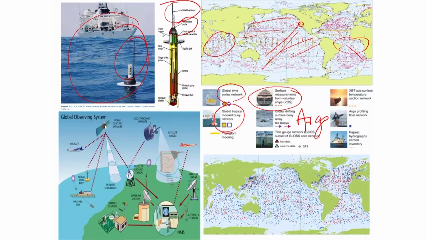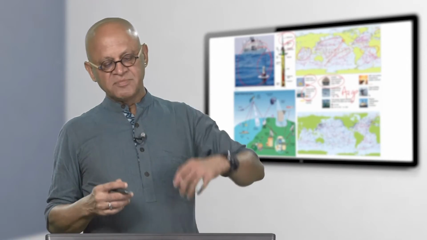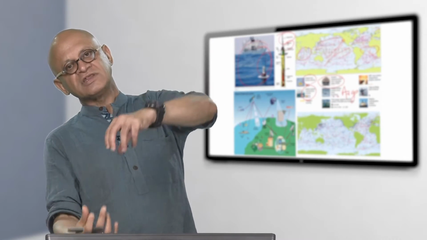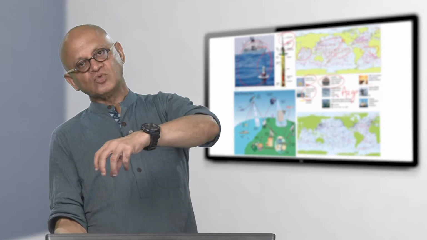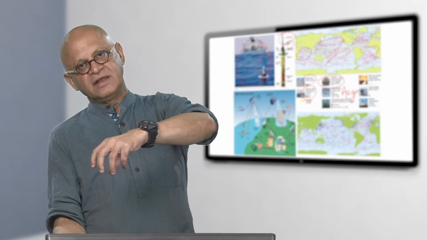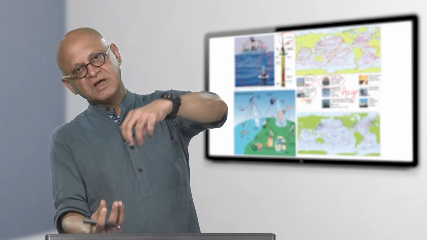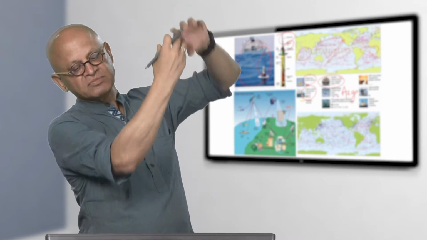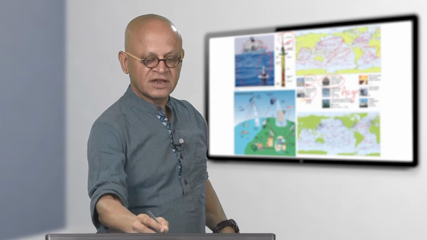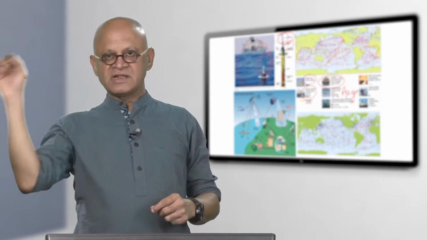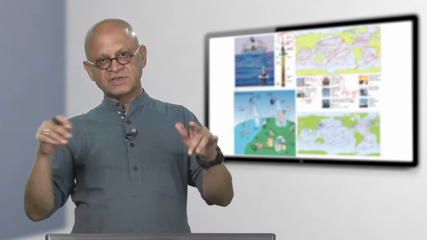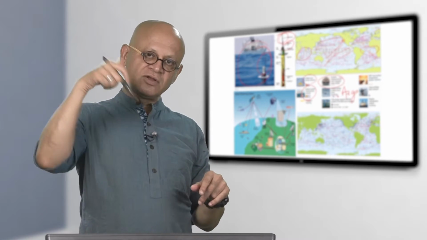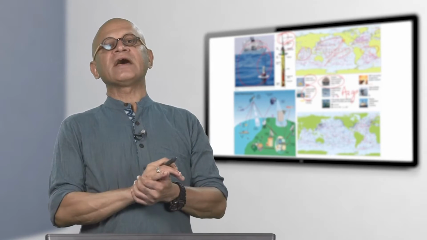So it's called a biogeochemical sensor, and the beauty of it is it goes down and stays at 1,000 meters or at 2,000 meters for many days, and every few days it comes up. As it comes up, it measures whatever it wants to measure, comes to the surface, sends the data to the satellite, which can immediately be seen in the lab wherever you are sitting on the computer, and then it goes back down. Why does it go back down?